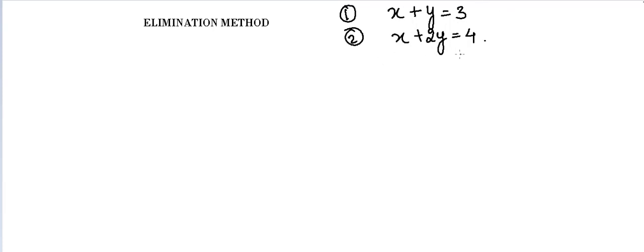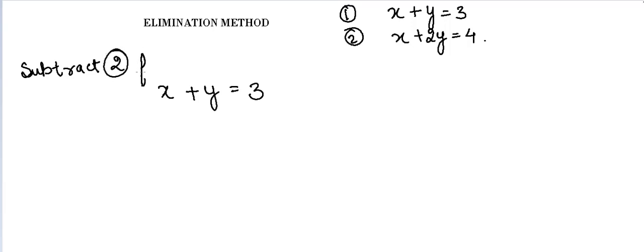You can eliminate a variable by subtracting the two equations. If you have to eliminate x, both have x, so you don't have to multiply by any number. So in elimination, I will write x plus y is equal to 3, and I will subtract the second from the first.